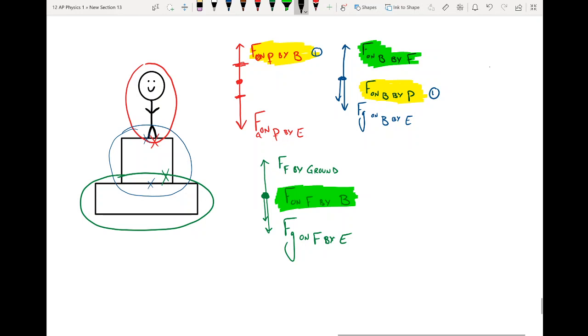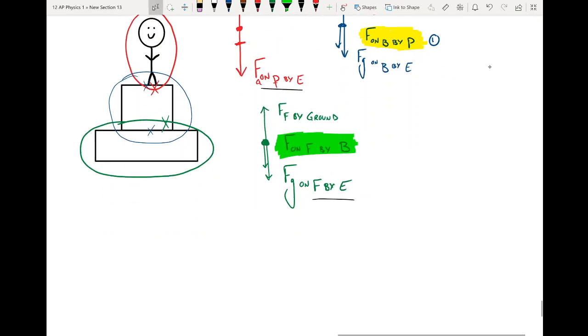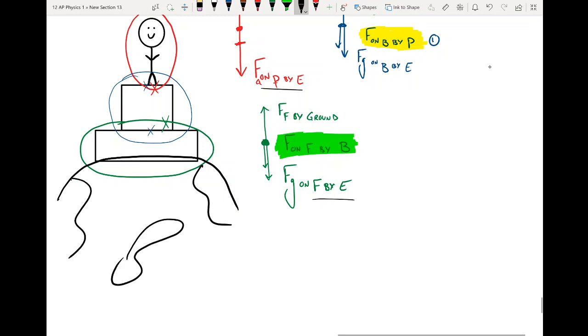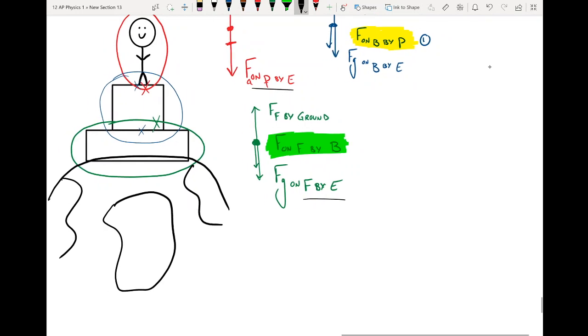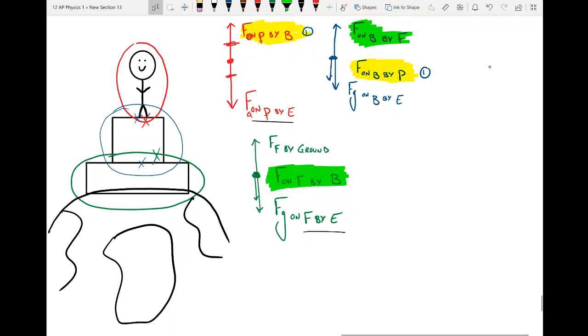And then I have a bunch of unpaired things. I have this by the Earth, this by the Earth, this by the Earth. So what's weird is, let me draw in the Earth here. It's a very big box, big table. Okay, so what's weird is this idea that the person is pulling on the Earth, the box is pulling on the Earth, and the floor, those are all pulling up on the Earth.